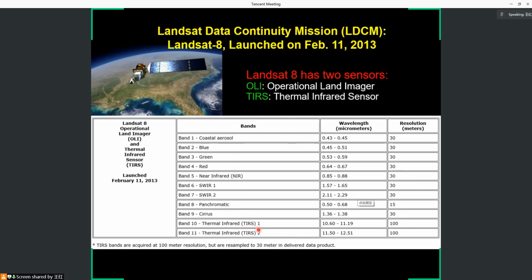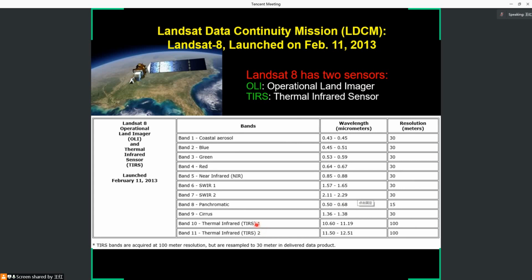And the thermal infrared band can be used to detect the temperature of the atmosphere or our environment. So it can be used for global warming or the urban greenhouse effect.